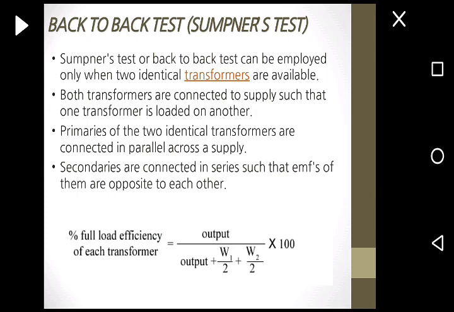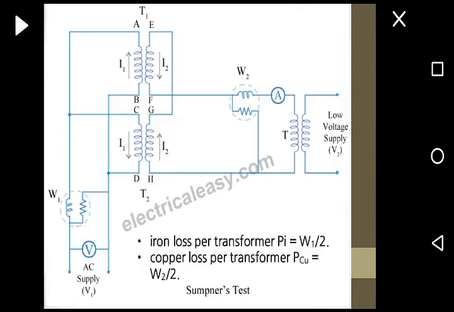Primaries of the two identical transformers are connected in parallel across the supply, and secondaries are connected in series such that their EMFs are opposite to each other. This is the connection or circuit diagram of the back-to-back test.